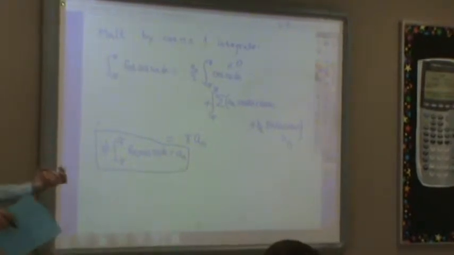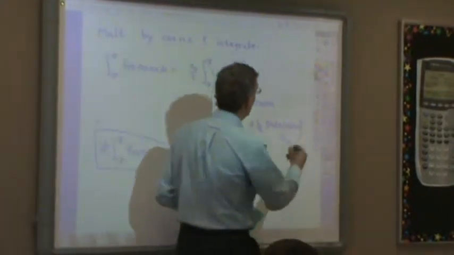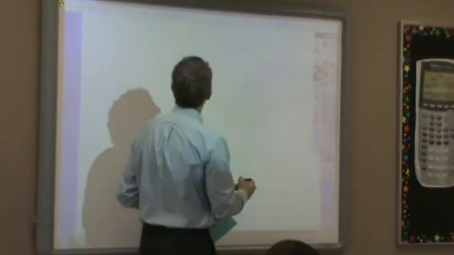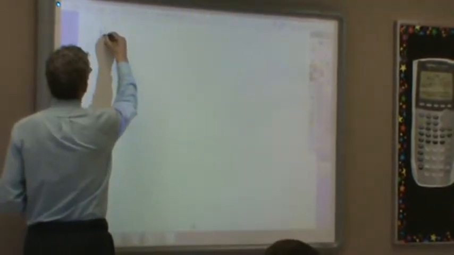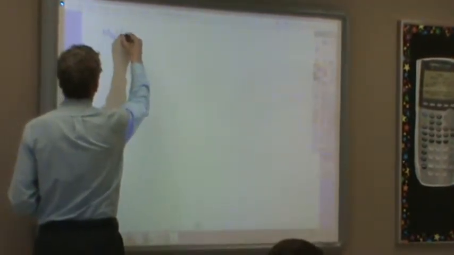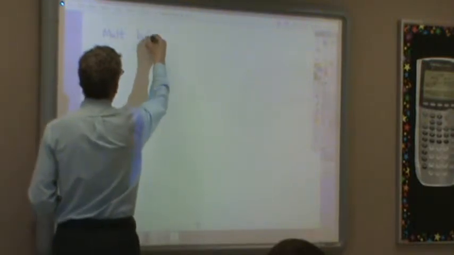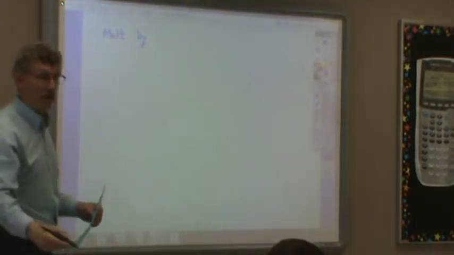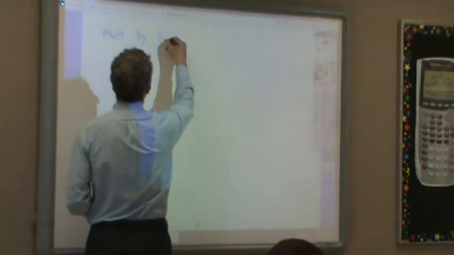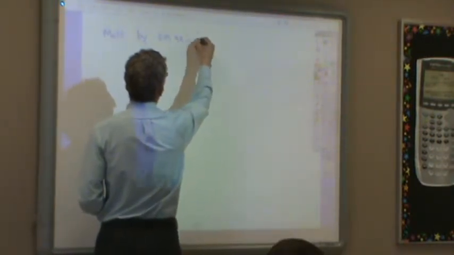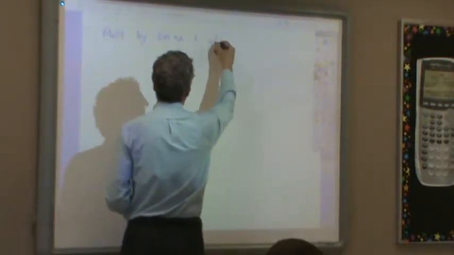Well, we can do this one more time to find the rest of the coefficients. So we multiply this time, you can probably guess, by sine nx. And we integrate.